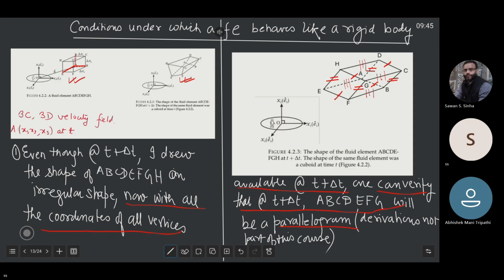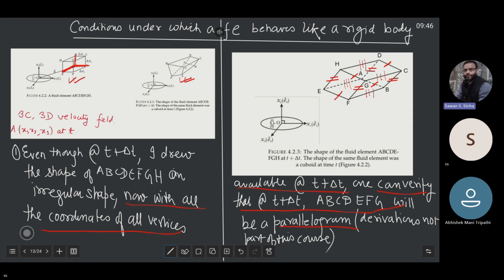All right. Similarly, for the angles, I measured the rate at which AB and AD were collapsing, then the rate at which AD and AE were collapsing, and the rate at which AE and AB were collapsing. But since it is a parallelogram, I also have the expressions for the rates at which the other edges are collapsing.